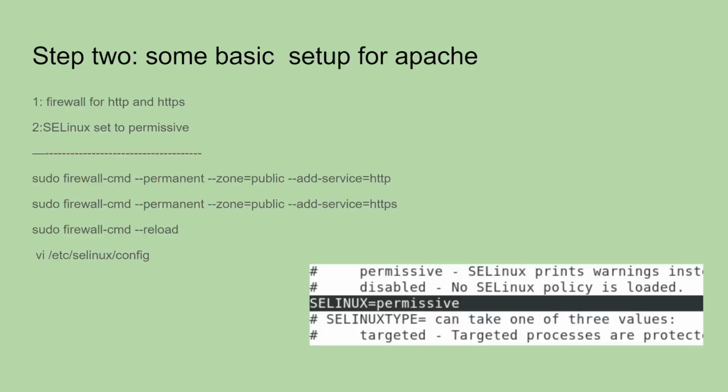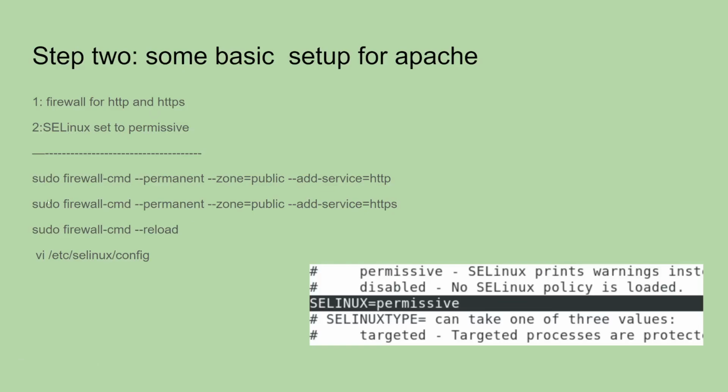Step 2 is about making the firewall allow HTTP and HTTPS to pass through. And the second is to make sure SELinux is set to permissive.